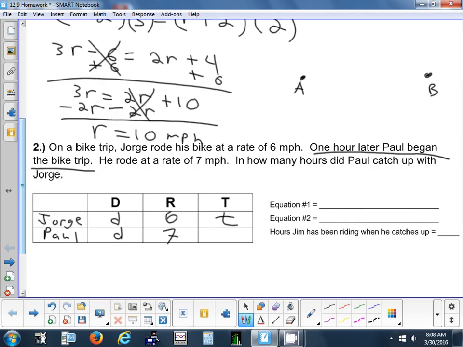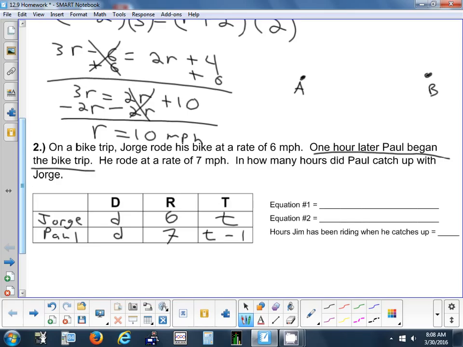I was going to say t plus 1, but would it be minus 1? It would be minus 1. Think about it this way. Paul began after George. If he began after, did he ride longer or did he ride shorter? Shorter time. If Paul began after, it's shorter. Think, what operation is smaller? What operation is lower, shorter? That's minus. And that's it.